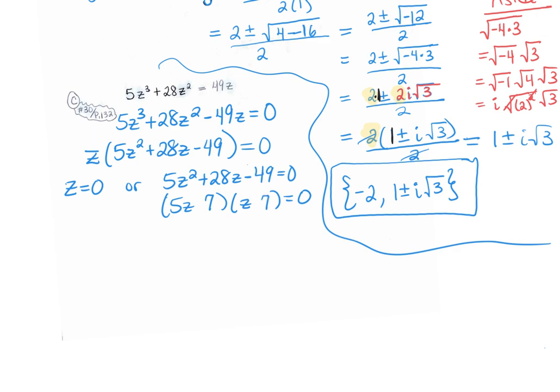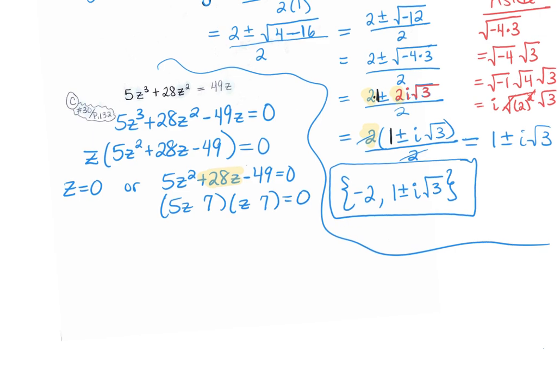Where do we want the negative to go? Put the negative with the 5z. Good. So 5z minus 7 times the quantity z plus 7 equals 0.